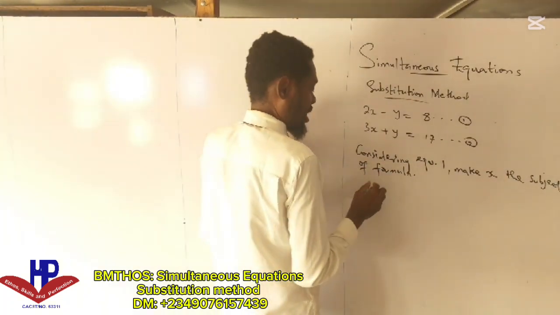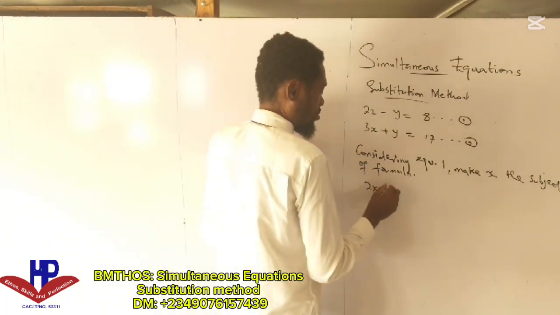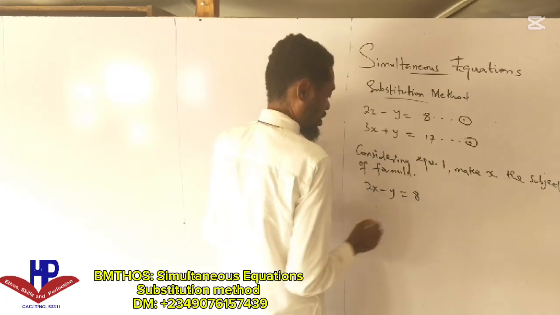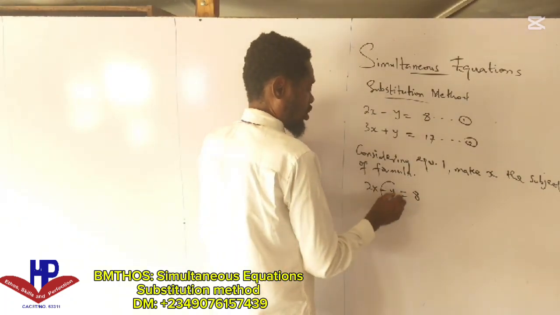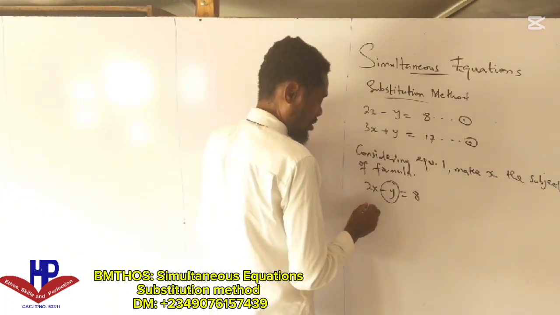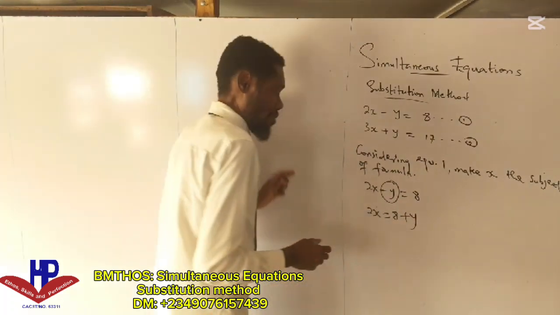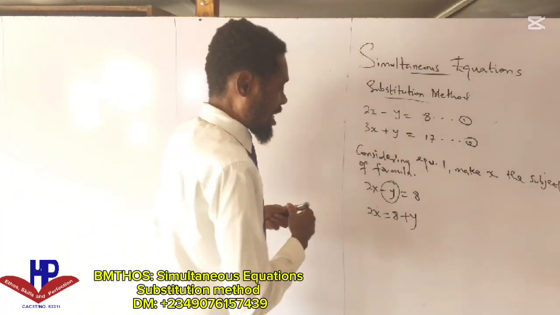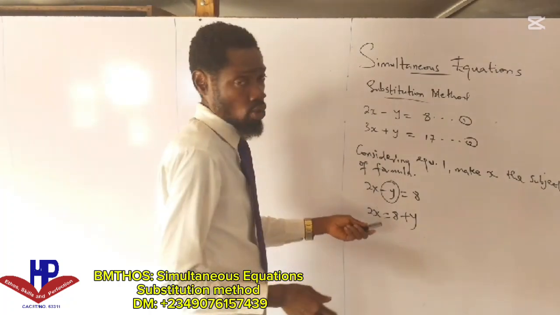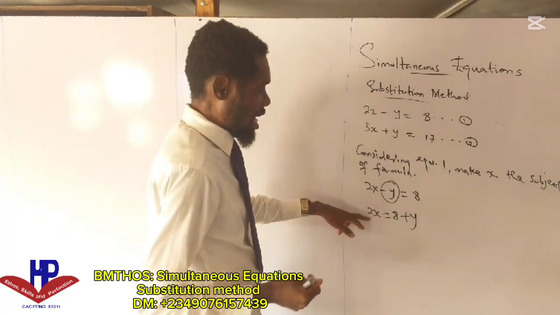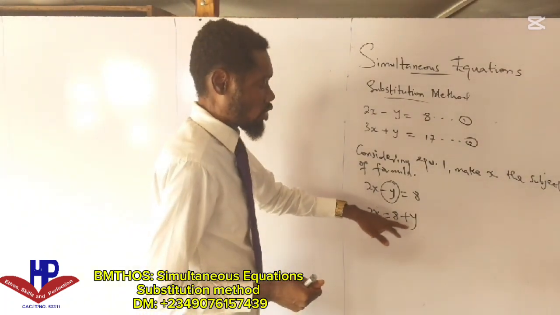Equation 1 states that 2x minus y is equal to 8. Let's take out minus y first. We'll be having 2x is equal to 8 plus y. If minus y leaves to the other side of the equation, it becomes plus y. So we have 2x is equal to 8 plus y.